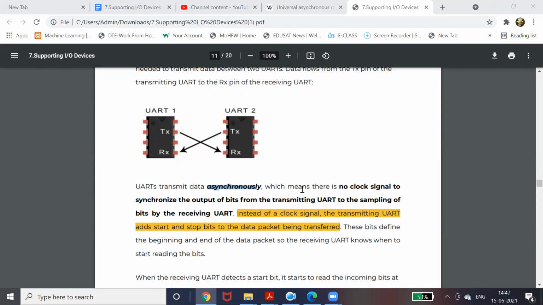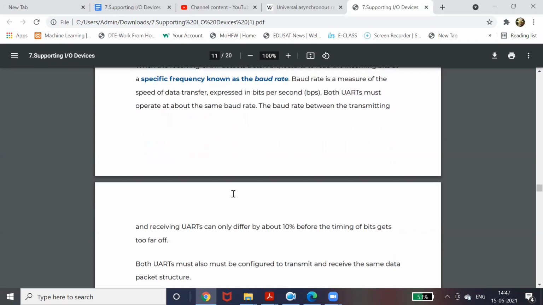This means it is not using a clock signal to synchronize your data. So how will it understand that the communication has started or stopped? Start and stop bits are added to the data packet while transferring. That's why it is called asynchronous. It is not using the synchronization concept.